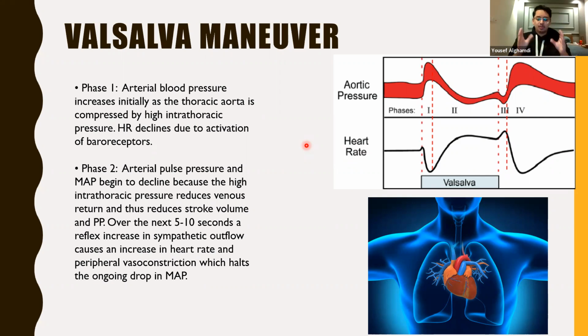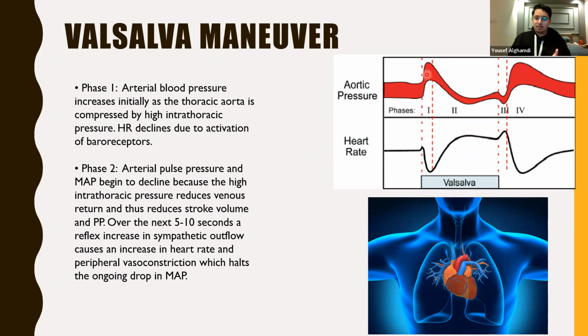So initially, during the second phase, the mean arterial pressure is declining because the venous blood isn't coming back. If there's less venous return, there is less stroke volume and pulse pressure. Then, like I said before, if there is less blood pressure, there will be a higher heart rate.